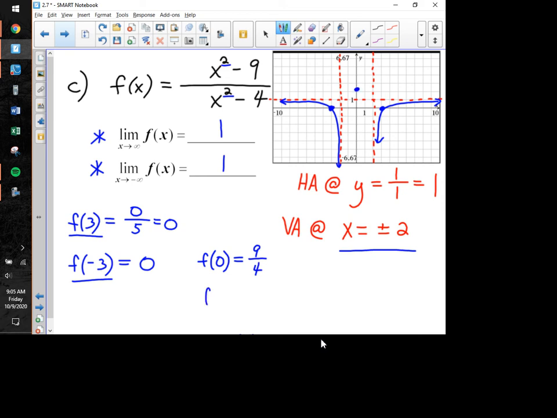If we were to pick f of, and what I think we've learned here, guys, whether we do positive or -1, we're going to get the exact same result either way. Let's see what that's going to do for us. That's going to be 1 minus 9, which is a -8 on top, and give us a 1 minus 4, which is a -3 on bottom, and that's going to give us a positive 8/3, which, careful here, f of 0, 9/4, was 2 1/4.